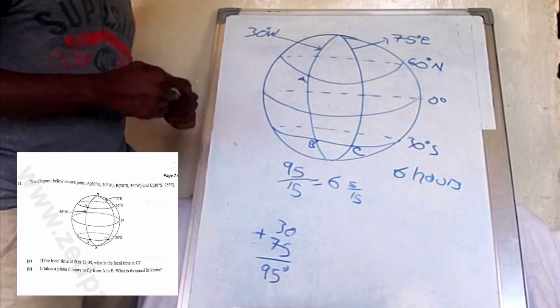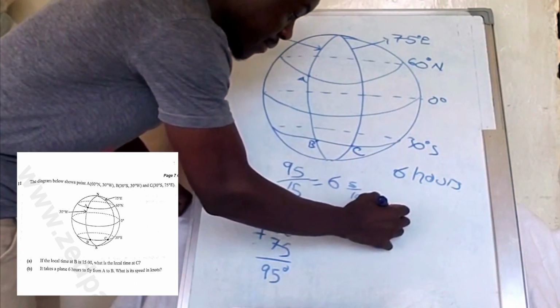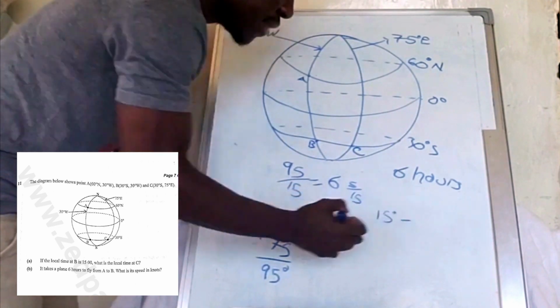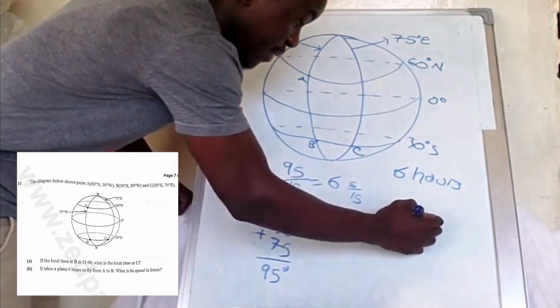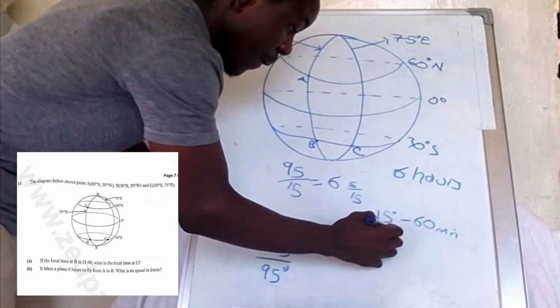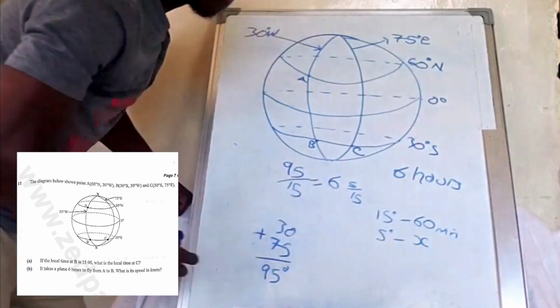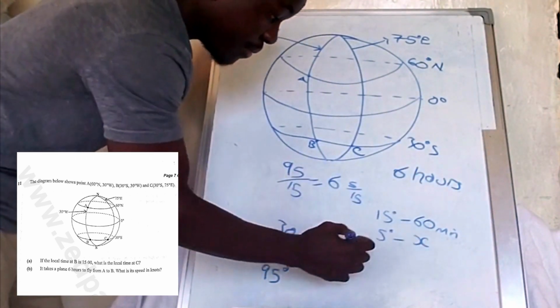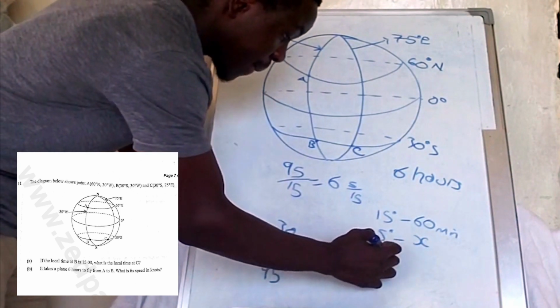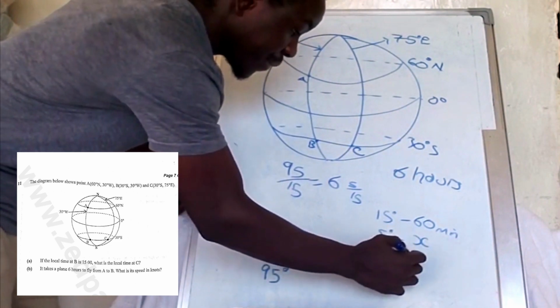So 15 degrees gives us 1 hour, which is 60 minutes. So how many minutes are in 5 degrees? We'll say x. To find the value of x, we'll cross multiply. We're going to have 15x equals 5 multiplied by 60.